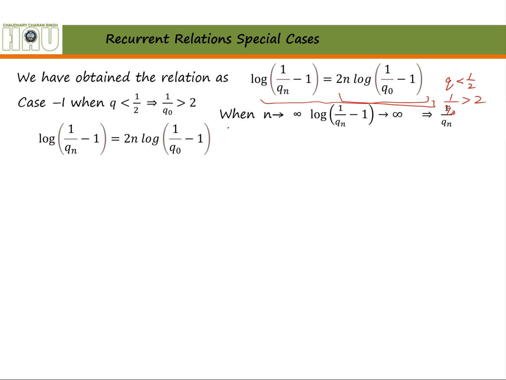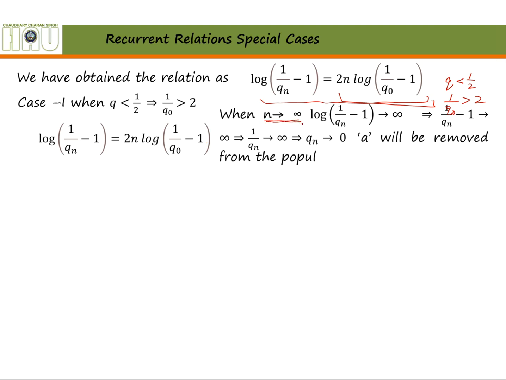What happens when n tends to infinity, means the number of generations is very, very large? Then the log of this will also tend to infinity, which implies that 1/qn − 1 will also tend to infinity. If you subtract or add 1 to infinity, it doesn't change.